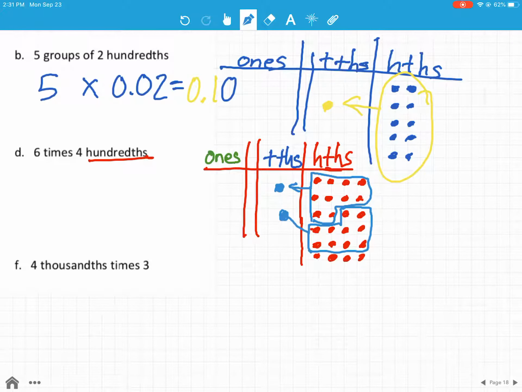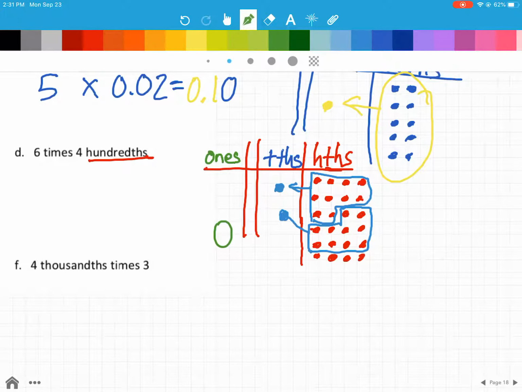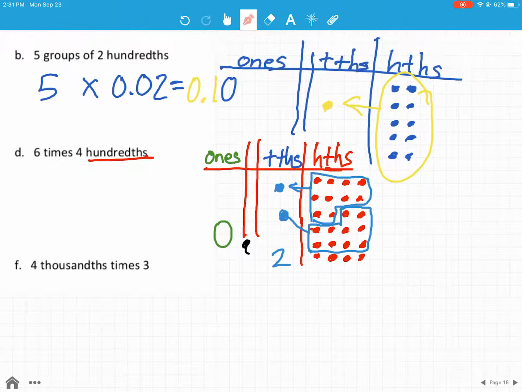So our answer is 0.24. Or if you look carefully, 6 times 4 is 24 hundredths.